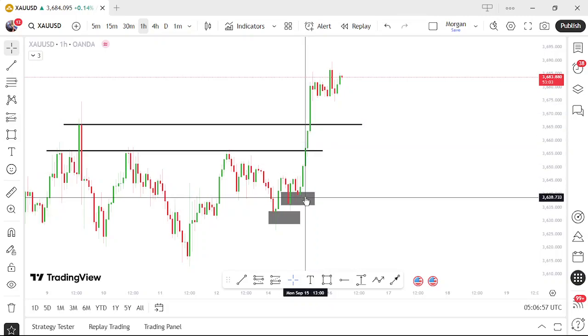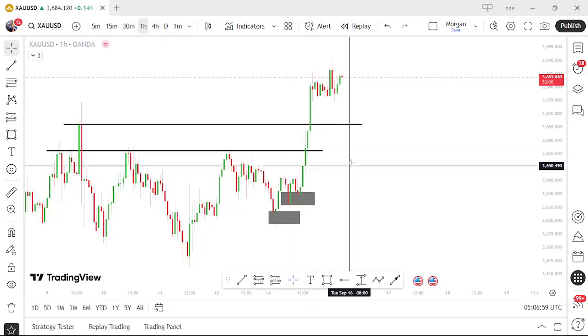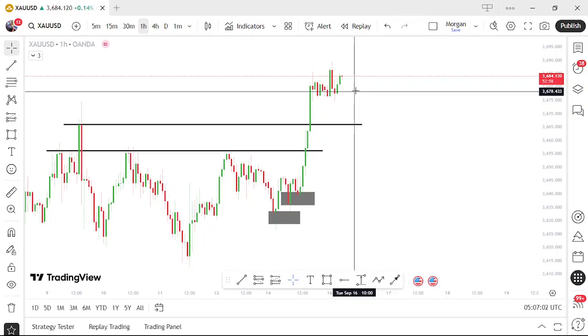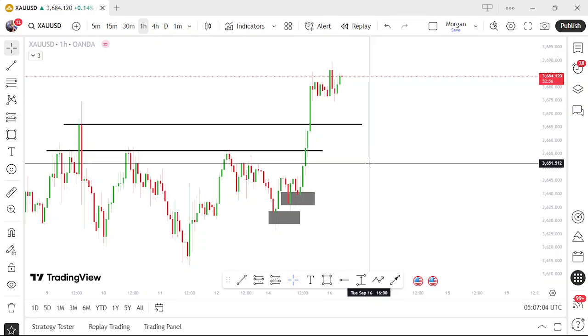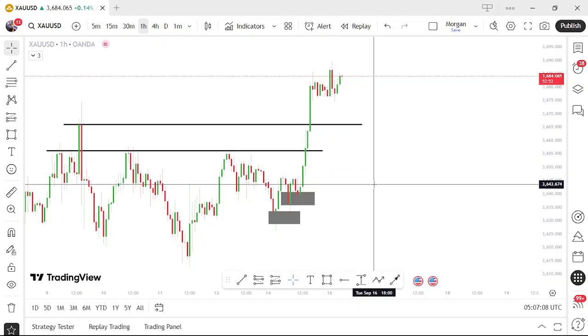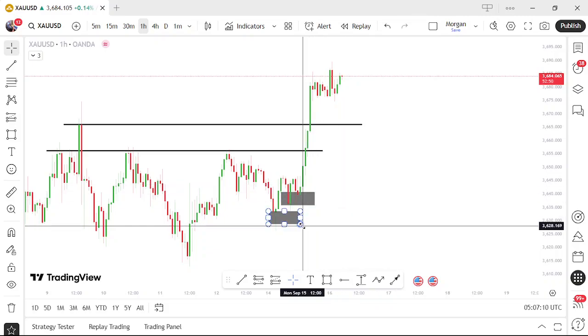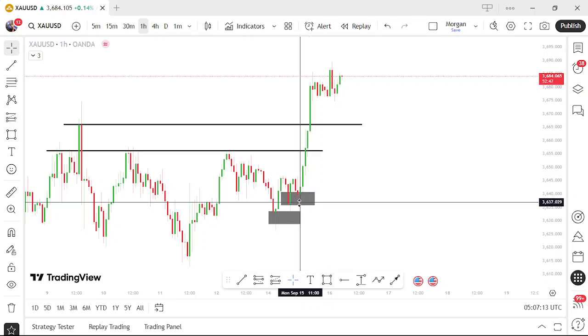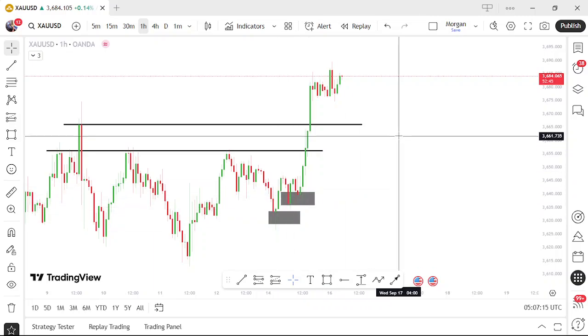So as long as these lows are still being respected, buys can walk. That is why when you wait for that correction, you're looking to see that price corrects itself but doesn't take out these lows. Because as long as these lows are valid, buyers can walk.